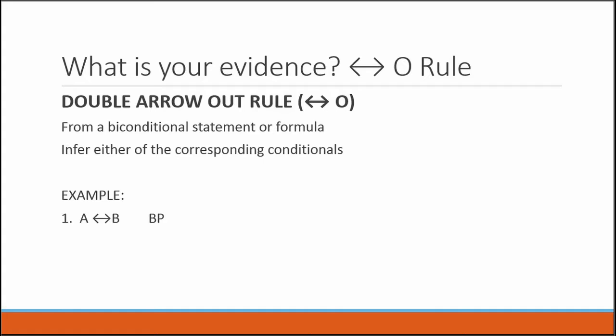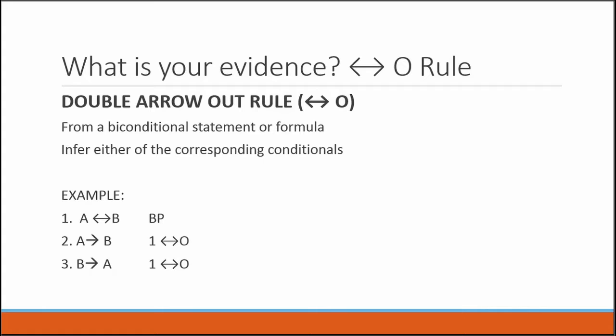If we have the biconditional A double arrow B, A if and only if B, we can infer A arrow B, if A then B, and we cite line 1 and the double arrow out rule. We could also infer the other corresponding conditional, B arrow A, again citing line 1, double arrow out rule.